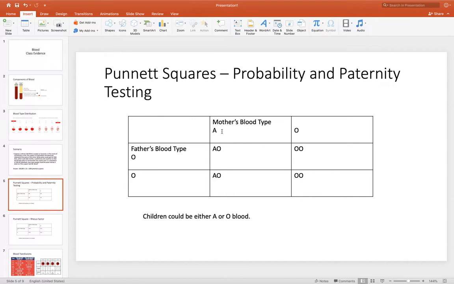So if mother's blood type is A, father's blood type is O, you just simply do a matrix with this particular Punnett square. A comes down on both of these blocks, O comes across on all four of those blocks, O comes down on these two blocks, so that the children could be either A or O blood. There's a 50% chance for either or.